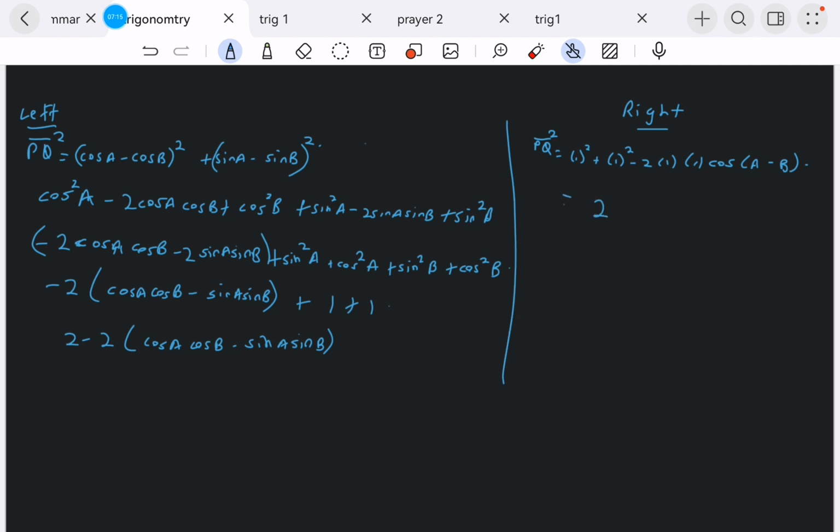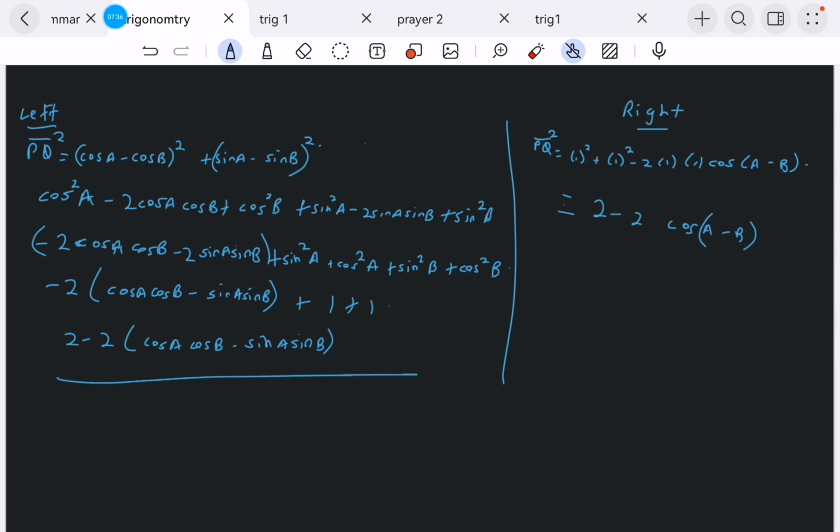What do we have? This is also 2 minus 2 into cos of A minus B. Okay, so let's equate both sides. What do we have?